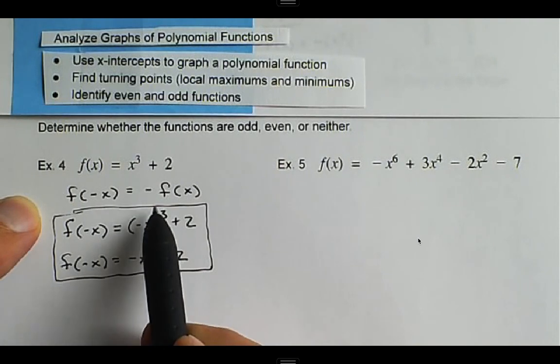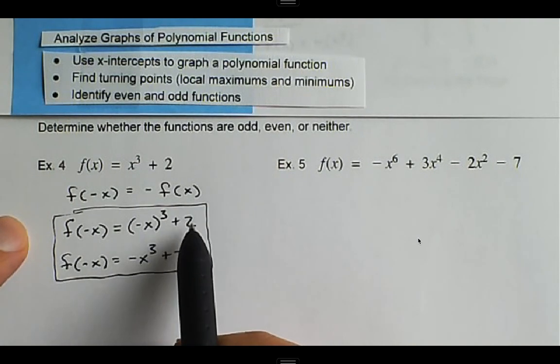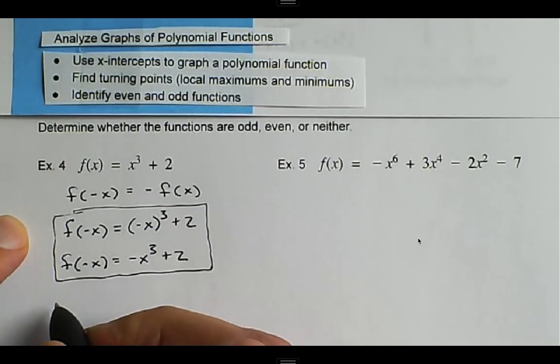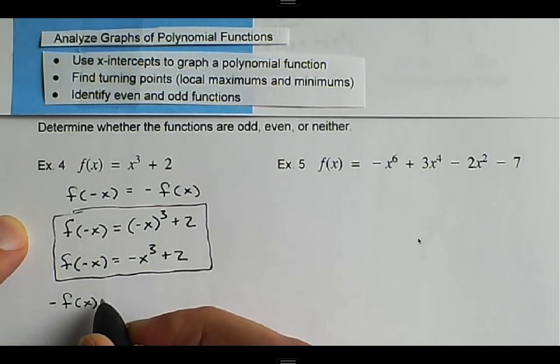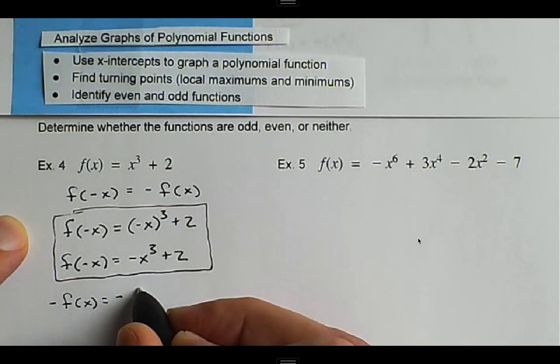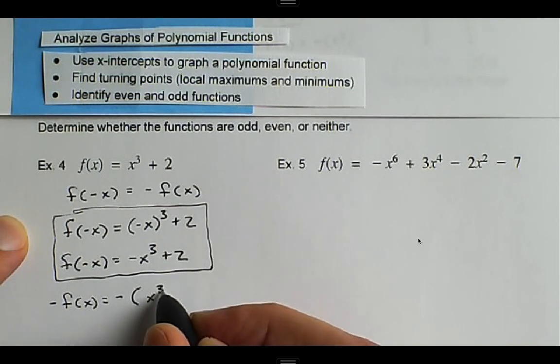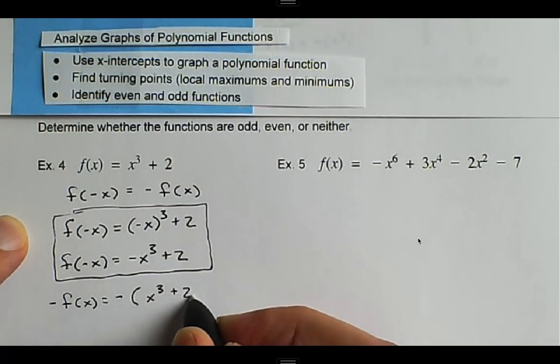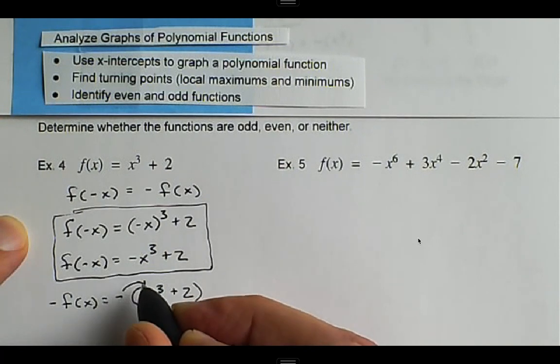The next check is we want to see if the entire function negated will be equal to that. So we take the entire function, and we negate it. So negative times x cubed plus 2. And we distribute the negative sign in.